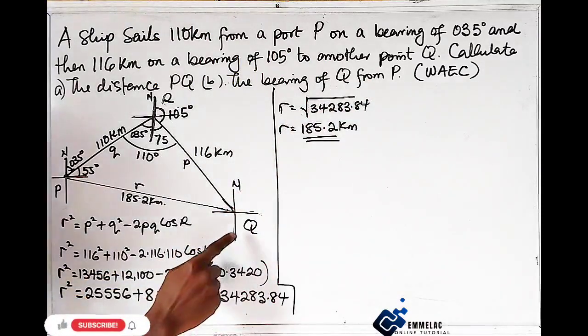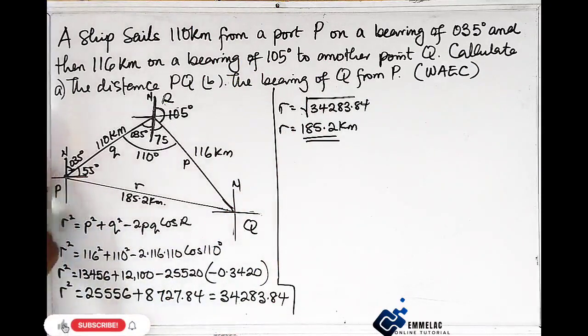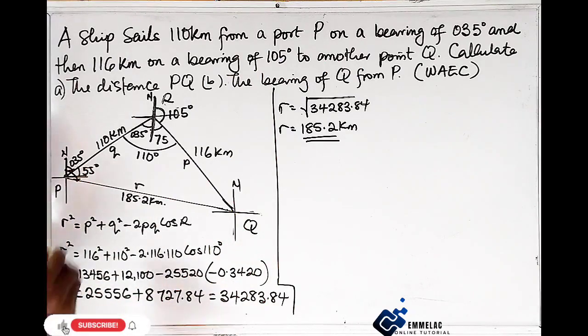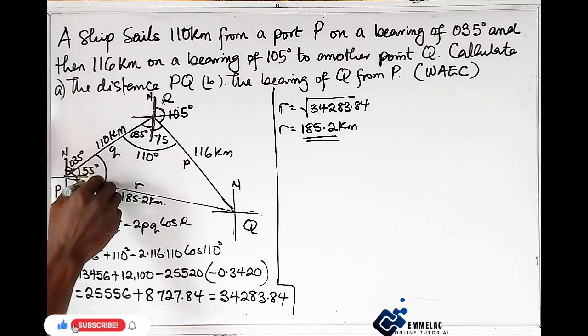Now the next question says the bearing of Q from P. We need to look at the angle from the north to the line from P to Q. First of all, we need to find the value here.